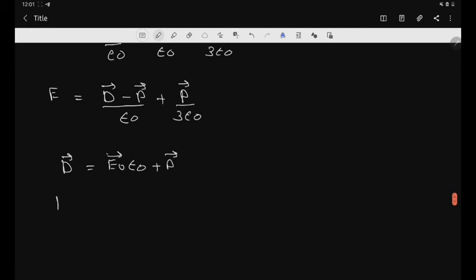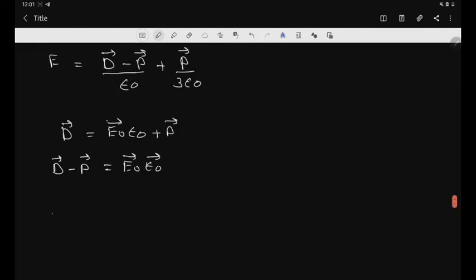So the displacement vector D minus this polarization vector can also be written as epsilon naught into E0, where E0 is the electric field due to free charges. So let us replace this quantity.